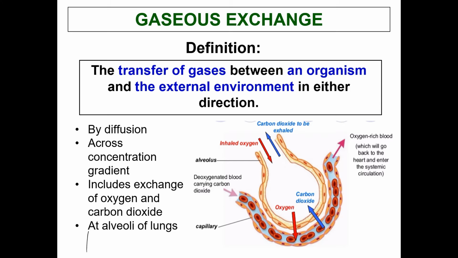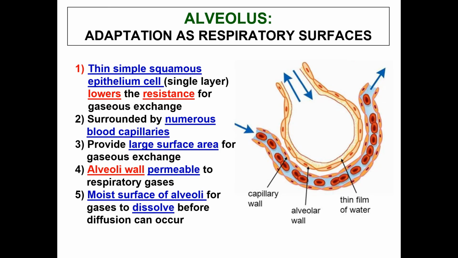The singular is alveolus, and when there is more than one, we call it alveoli. The characteristic that makes the alveolus effective is first that they are very thin, composed of a single layer, one cell thick.